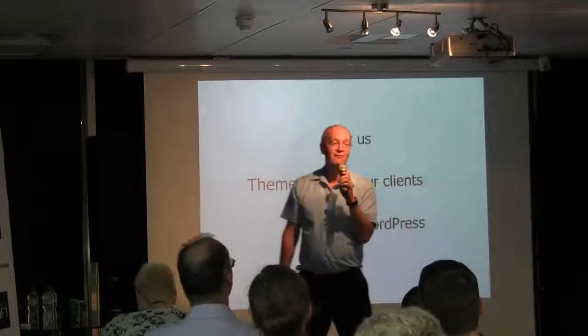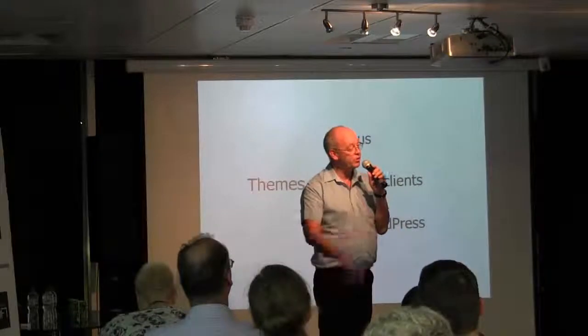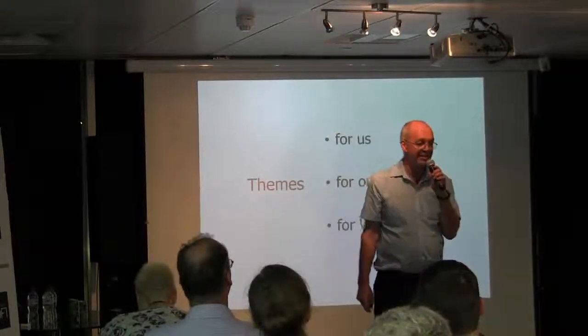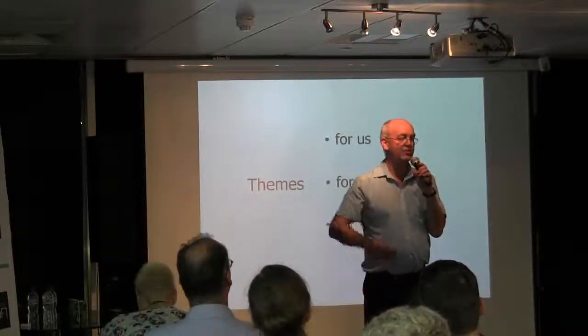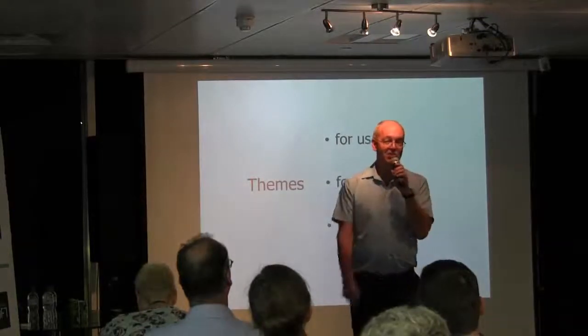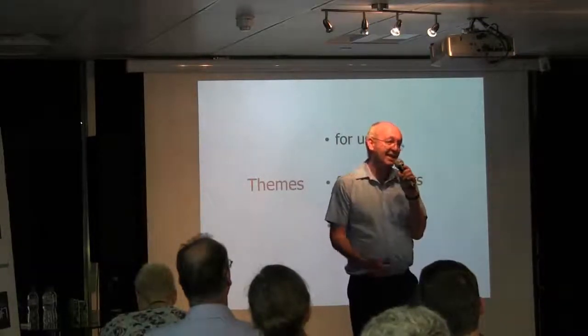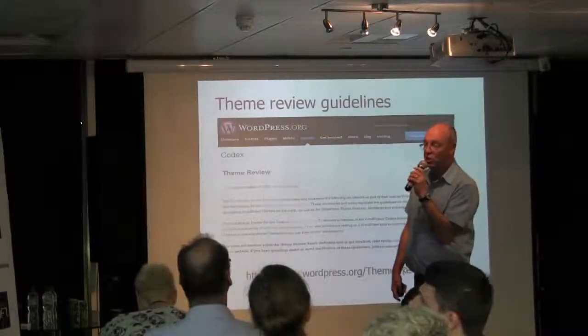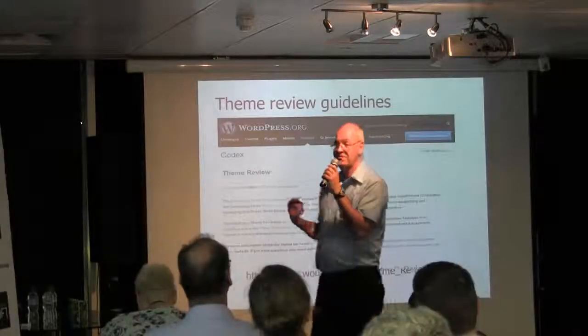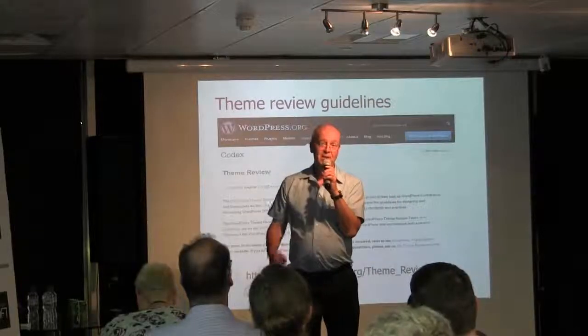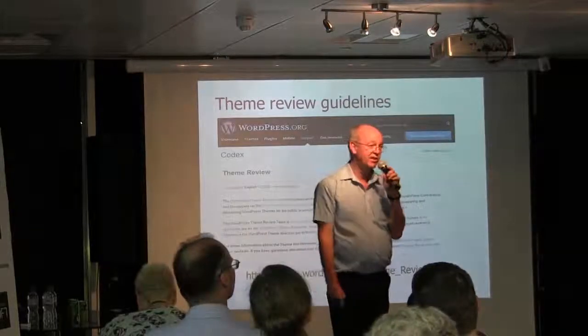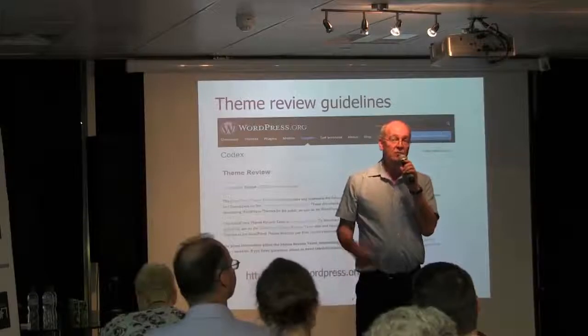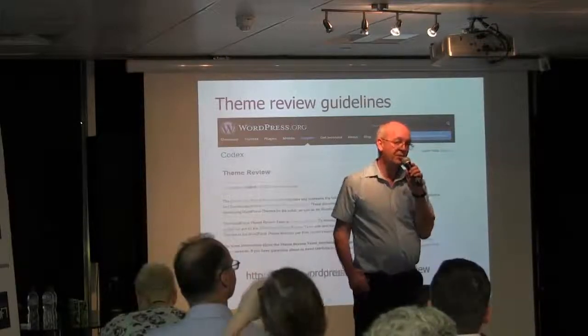Well, even if you haven't built any themes at all, and all you've done is downloaded a theme from WordPress, if you're interested in accessibility, you want to know that it's going to deliver what you want. Now, the theme review guidelines, I'm not going to go into a massive amount of detail with this bit, but there's a whole page on the codex that tells you about the theme review process.